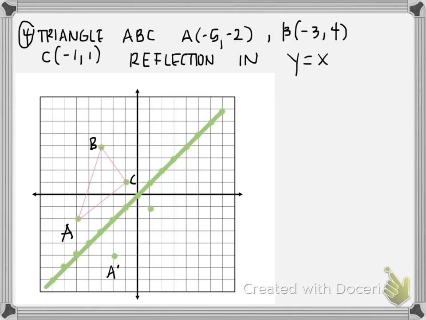And B is going to be... So remember, it's the same distances away. Okay, same distances away that it is from that axis of reflection.